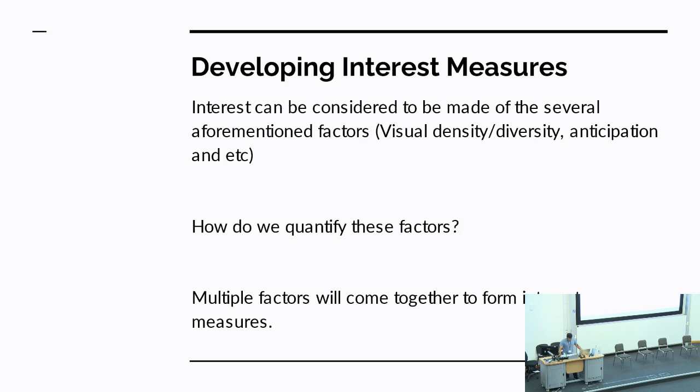The next step is to determine how I might quantify the factors I previously mentioned. Like I said, it can be multiple factors to produce multiple versions of interest measures. If anyone wants to check out some very preliminary interest measures and some AI agents, I have my project available on GitHub, which is linked on my end slide and my poster as well.